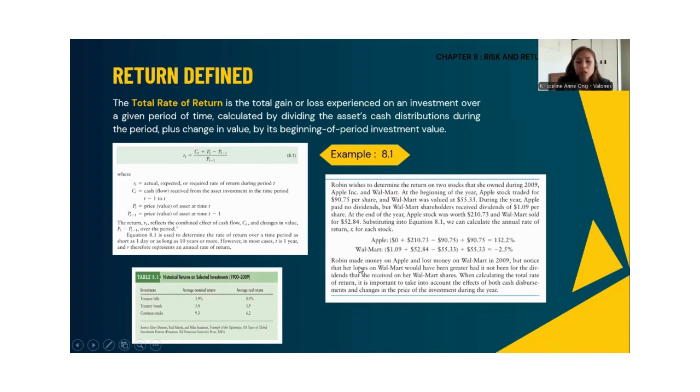It means Robin made money on Apple and lost money on Walmart. But as you can see, during the year, Apple paid no dividends, but Walmart paid dividends of 1.09. So it reduces the risk in Walmart because it received dividends. But the annual rate of return is still higher in Apple than in Walmart.